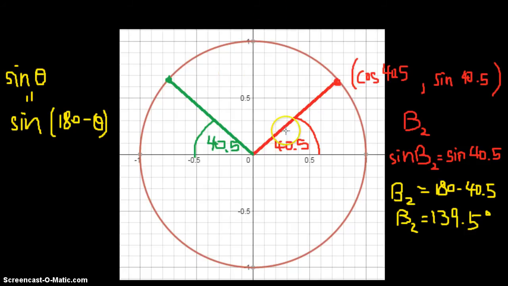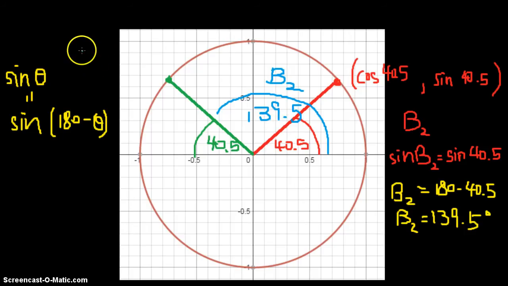So my angle B, the obtuse angle, is actually this part. This is my B2. This is the obtuse angle, 139.5.